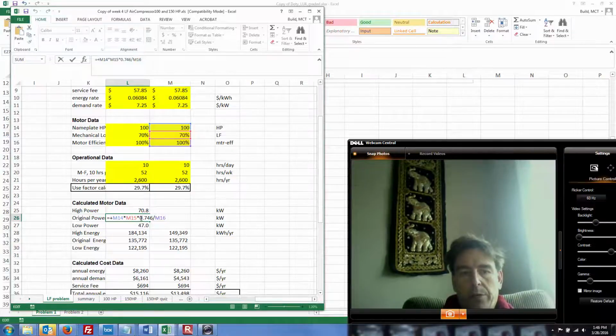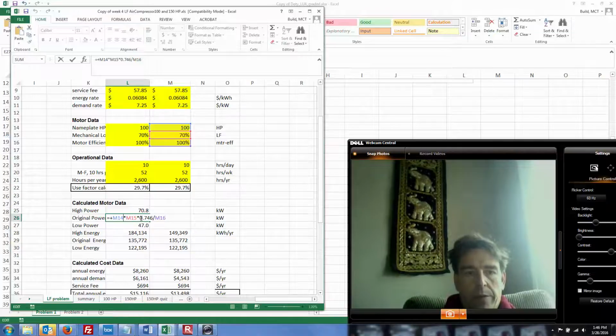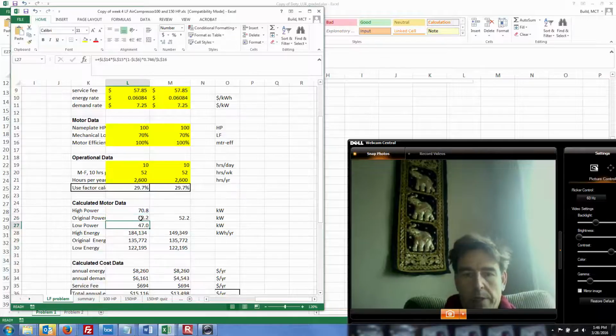Convert that, going from horsepower to kilowatts, 0.746, and then we're going to divide that by M16, which is the motor efficiency, which is just listed at 100%. Okay, so that's where our annual demand is going to come from.